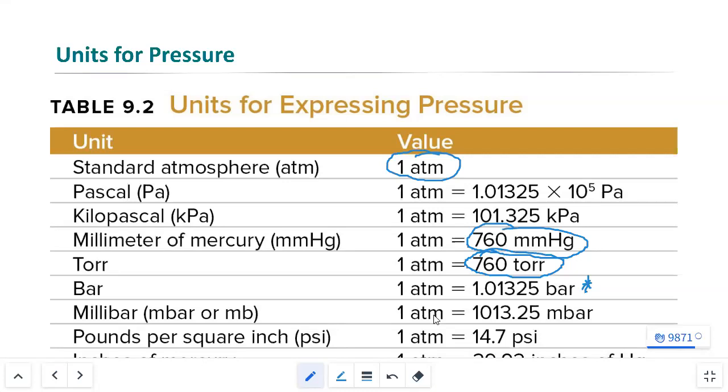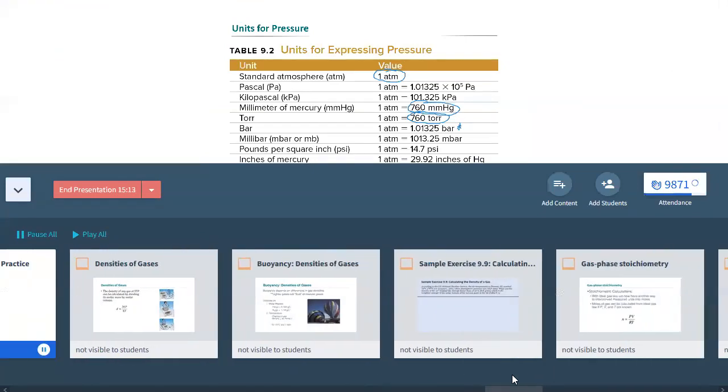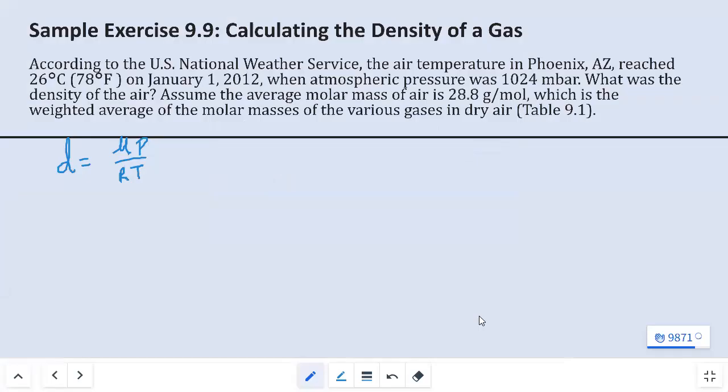With 1 atmosphere being equal to 1,013.25 millibar, we could easily turn that into atmospheres and go about our business as we were before.